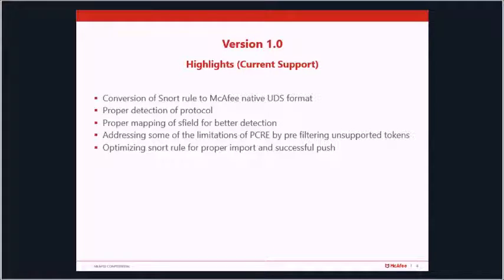The utility can detect the proper protocol corresponding to a particular Snort rule, and it can map the proper fields for better detection. The utility has a PCRE pre-filtering engine, which does the basic job of filtering out unsupported tokens to get the superset expression, which can then be used by NSP. These optimized PCRE expressions will be further improved in version 2.0 for better results.